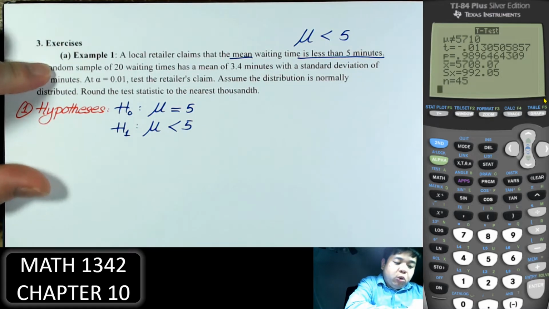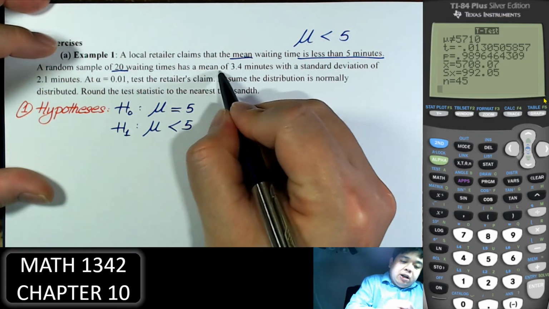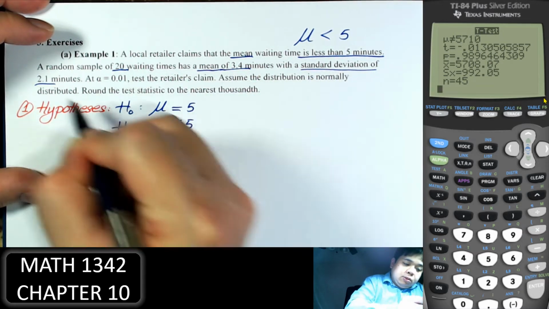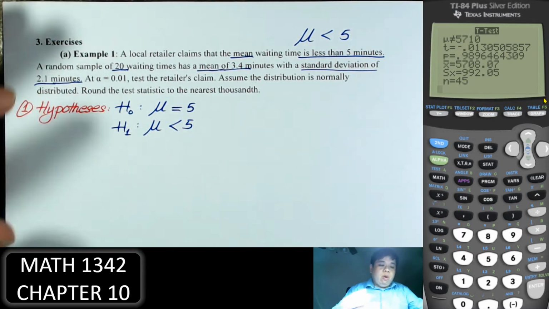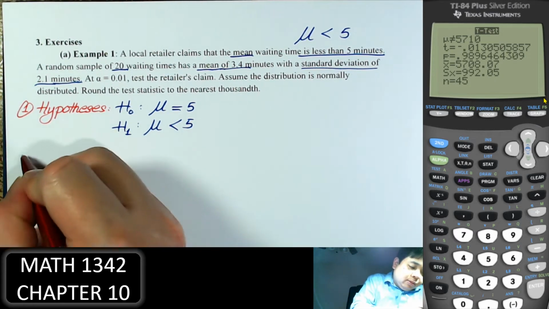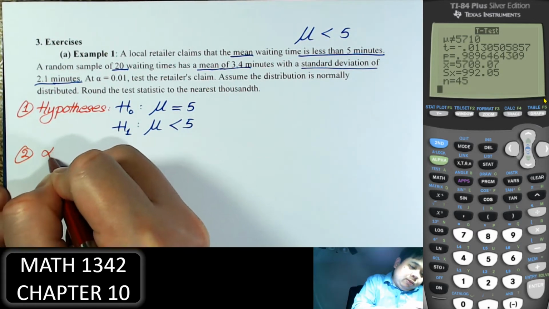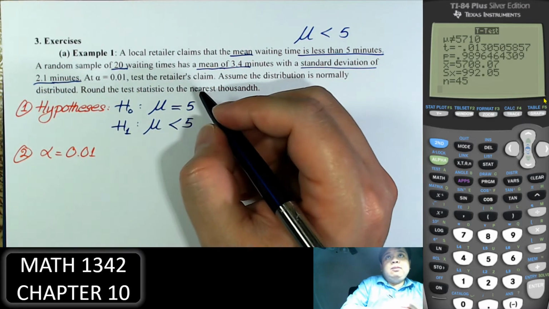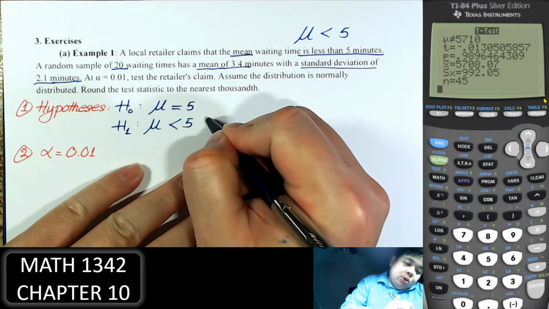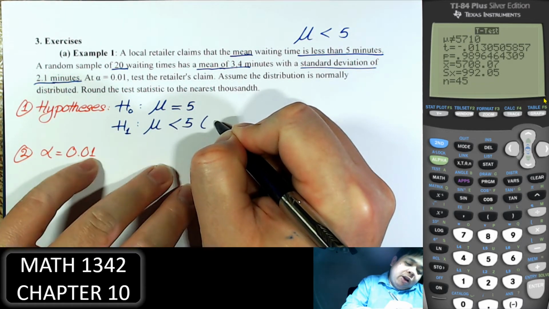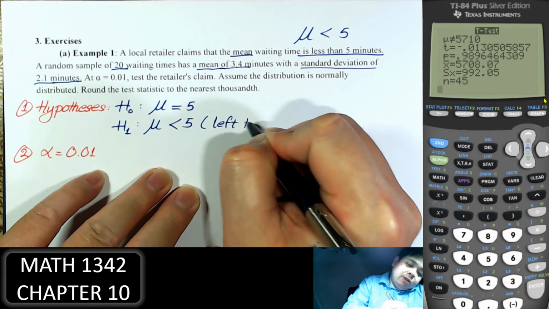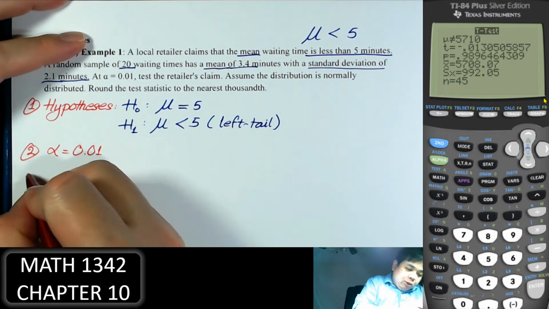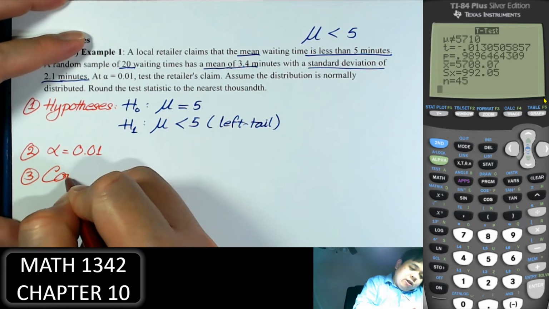A random sample of 20, so there's n of 20, the mean, standard deviation. At 0.01, test the claim. This is less than, so that will be the left tail.